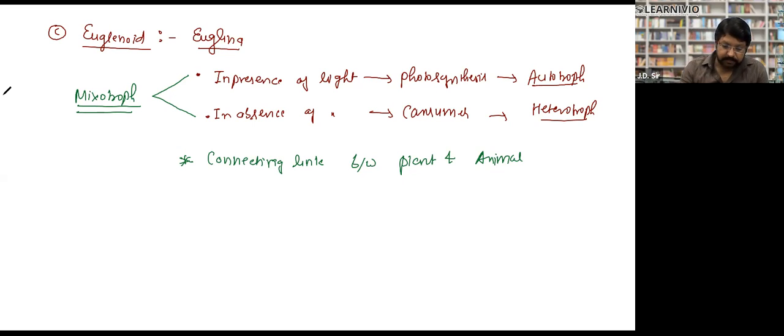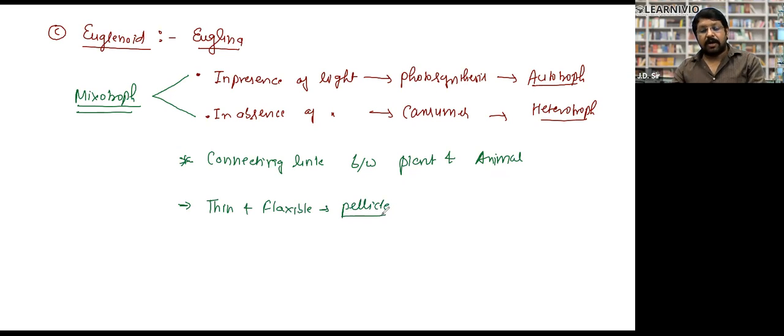Next point. Their body is covered by a thin and flexible structure, which is called pellicle, comma, it is made up of a flexible protein.